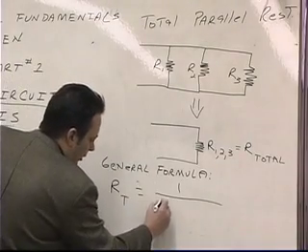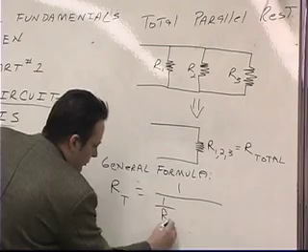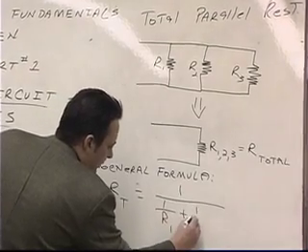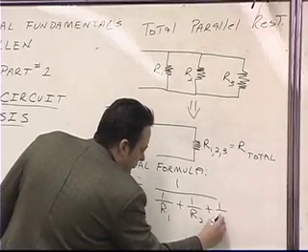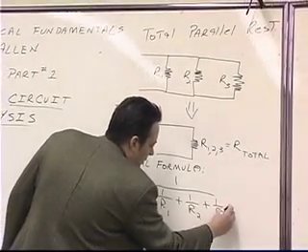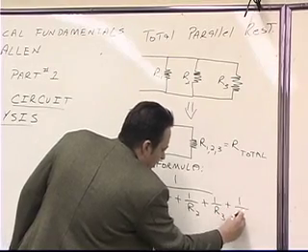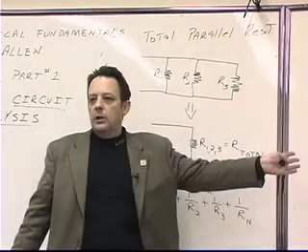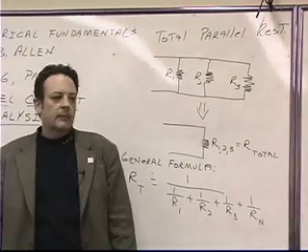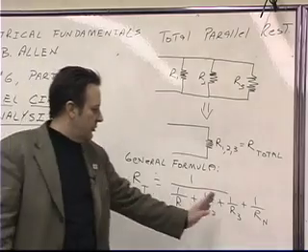So 1 over the inverse of R sub 1 plus the inverse of R sub 2 plus the inverse of R sub 3 plus the inverse of R sub n. That just means you can keep going and going. If you only had 3 resistors, then you'd stop right there.